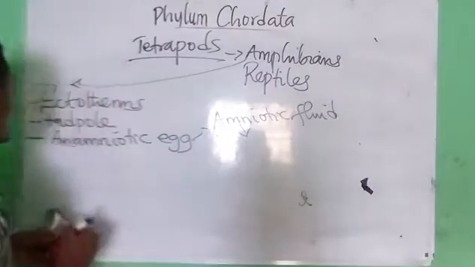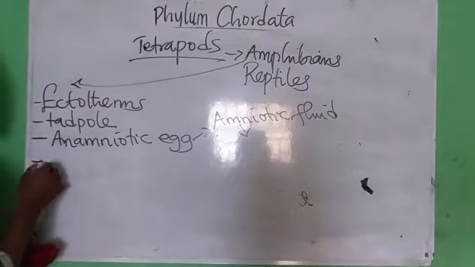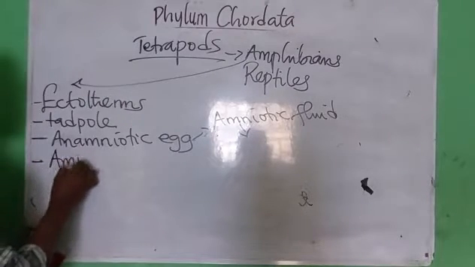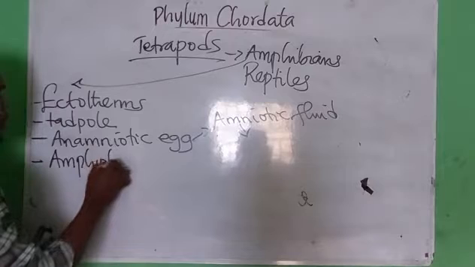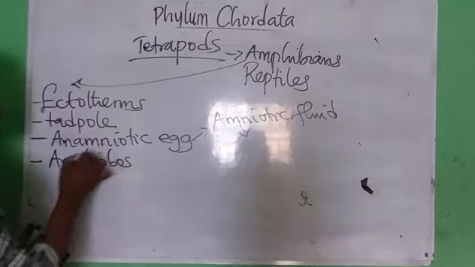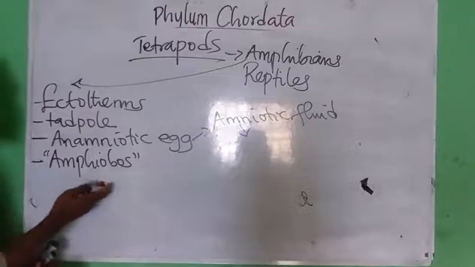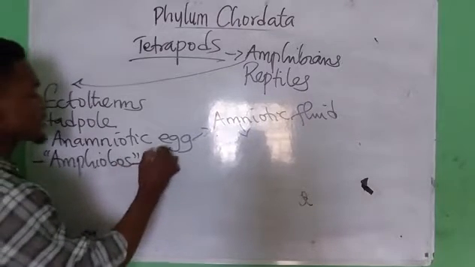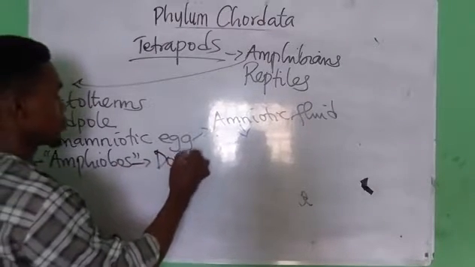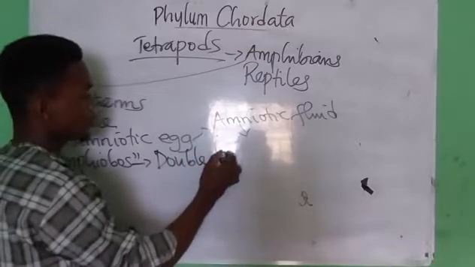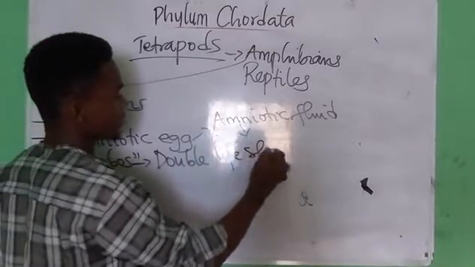So apart from these guys, they are amphibious. Their name, amphibia, was coined from the term amphibious. Now, amphibious means double lifestyle.